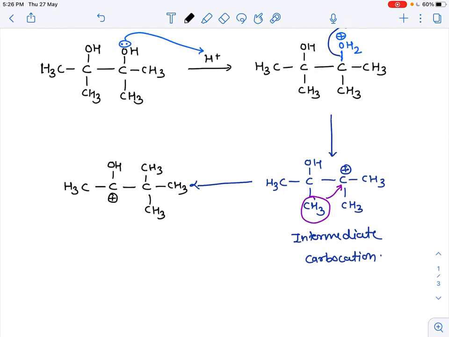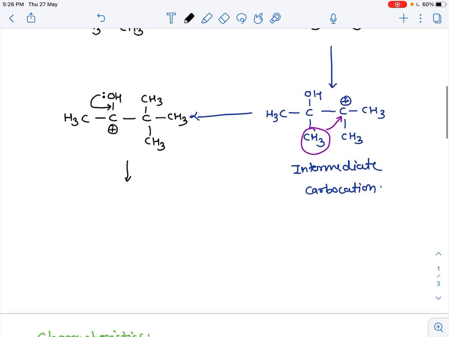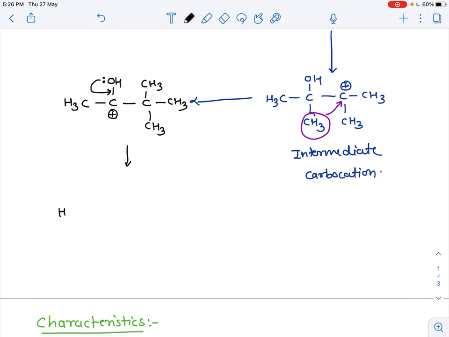Now in this what will happen? This oxygen is also having a lone pair. Okay, and this carbocation, so oxygen will show its releasing effect and will donate the electron to the carbocation and will be forming a pi bond. Clear? So in this what we will have? This plus, okay, CH3, CH3, CH3.